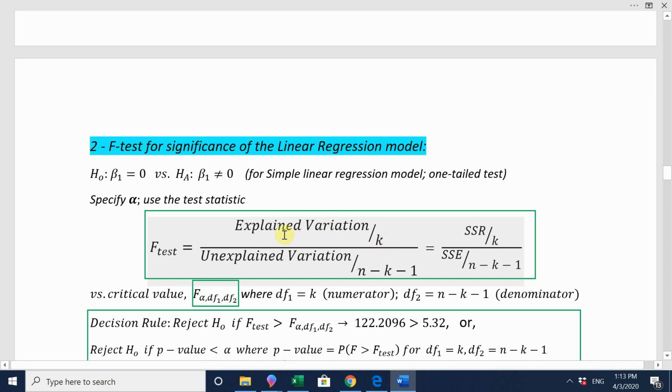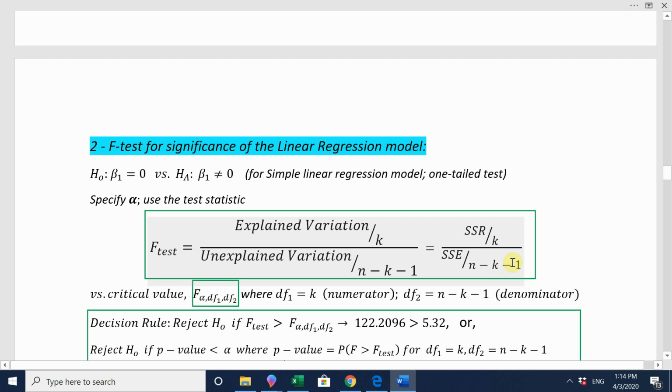And so I take my SSR, let's not forget explained variation is in fact SSR, and I will divide it by 1 in this case, and all of this here will be divided by the unexplained variation, divided by n minus k minus 1. So n here being the sample size, I've got 10 observations in my sample. I've got one predictor, so that is 1.